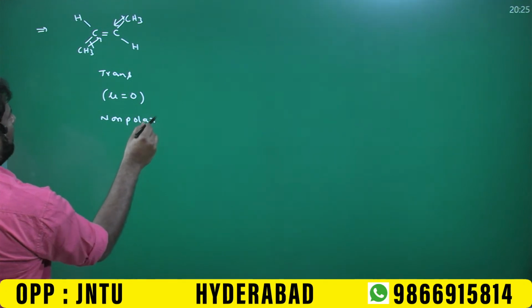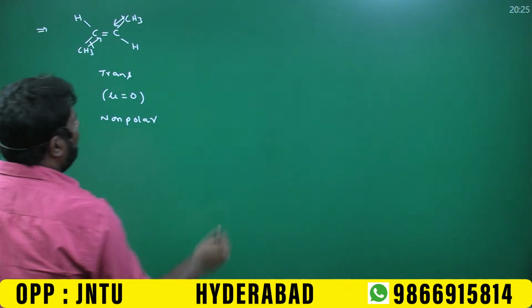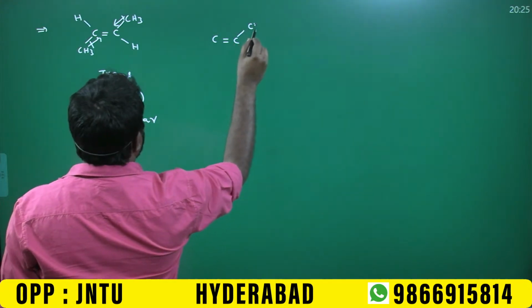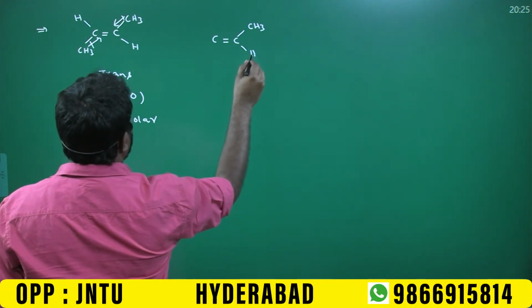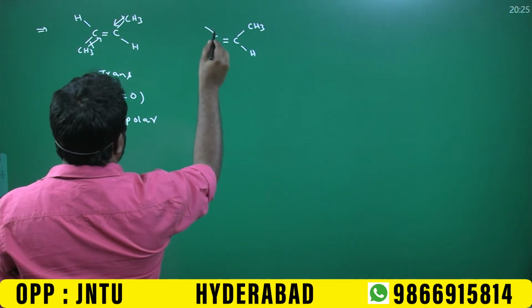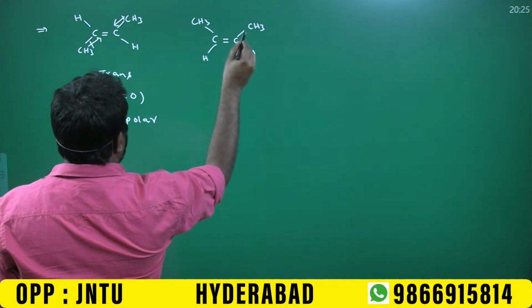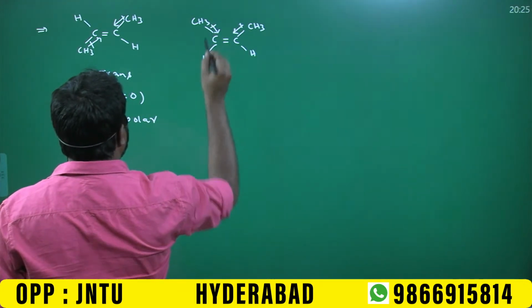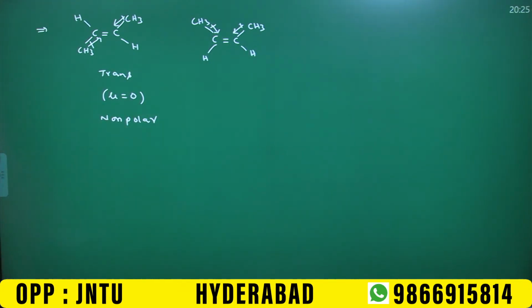So for trans molecules dipole moment is 0, which is non-polar. While we have cis, C double bond C, CH3, H, H, CH3. Both methyl groups are present on the same side, which means both vector quantities are in the same plane. Same plane means the vectors are merging.